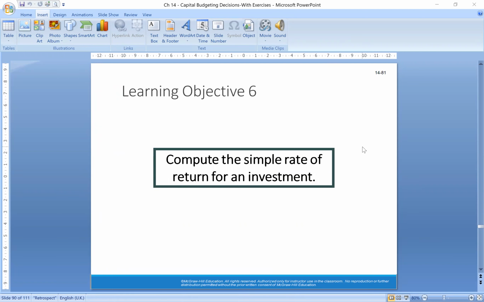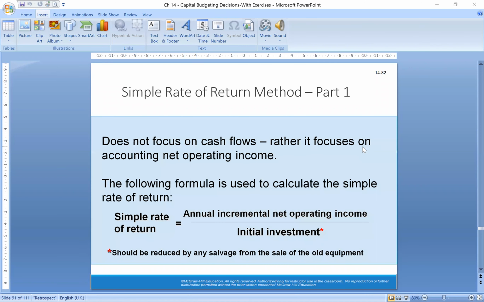The last thing: compute the simple rate of return for an investment. Simple rate of return is calculated as annual incremental net operating income divided by the initial investment. And the investment should be reduced by any salvage from the sale of old equipment.